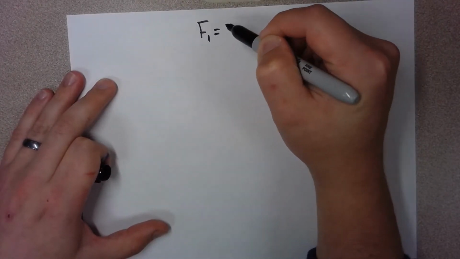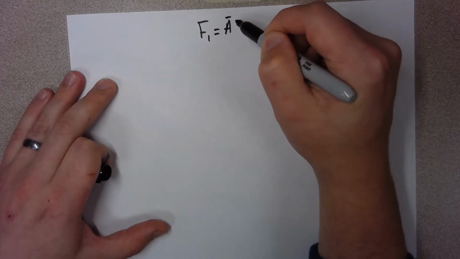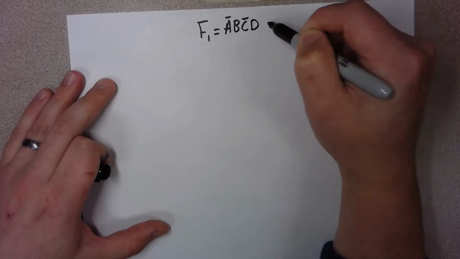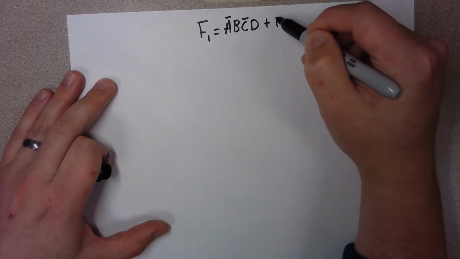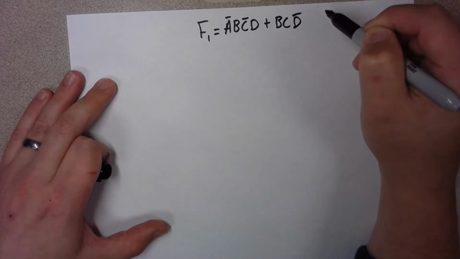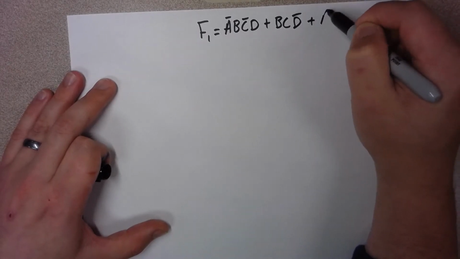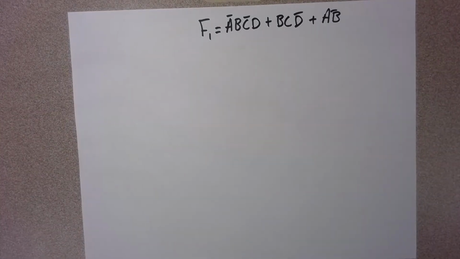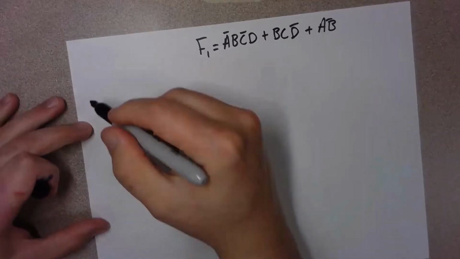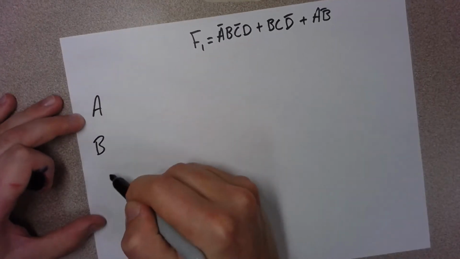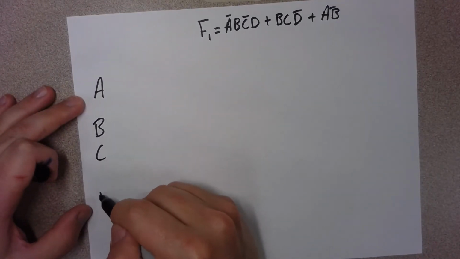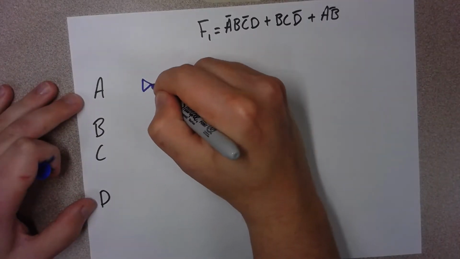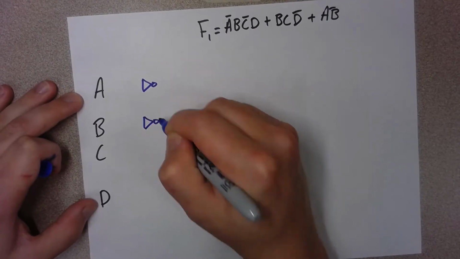Again, F1 is equal to not A and B and not C and D, or B and C and not D, or A and not B. We know that, just like the other one, we have A, B, C, and D, and still the 4 inverters here.